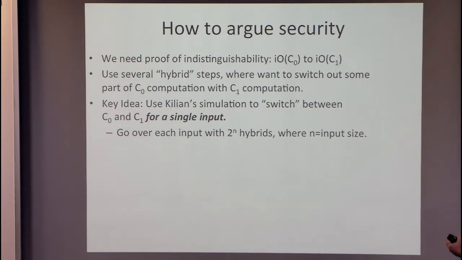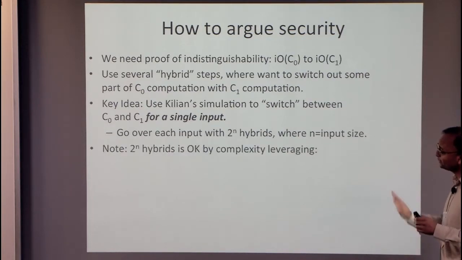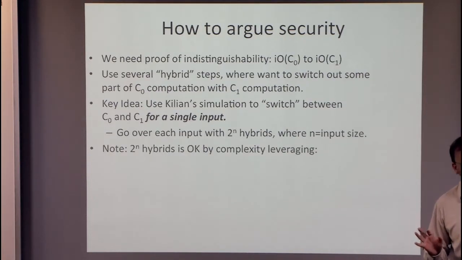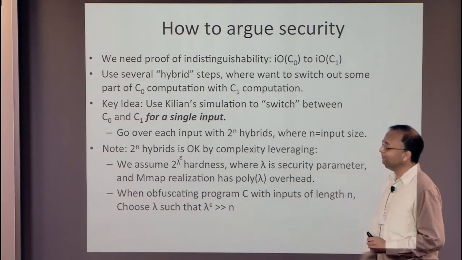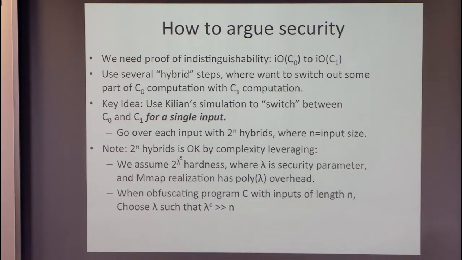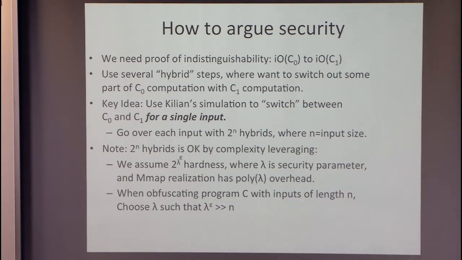So then the main work that we have to do here is to somehow go over every single input and transfer it from C0 and move it to C1, okay? So the way we'll do that is by actually having 2 to the n hybrids in our hybrid argument, where again n is the input size. This may seem a little bit worrisome to see a 2 to the n in the number of hybrids, but again, this is okay by complexity leveraging, something that we've seen many, many times. So if we assume something is sub-exponentially hard, then by choosing the security parameter in such a way that the security parameter to this epsilon is greater than n, then we can have enough hardness so that we can actually go through 2 to the n hybrid arguments and still have sub-exponential hardness left over in the end.